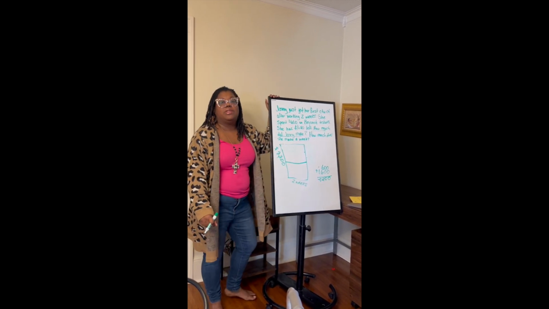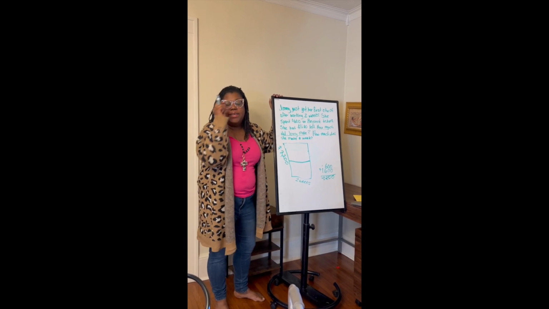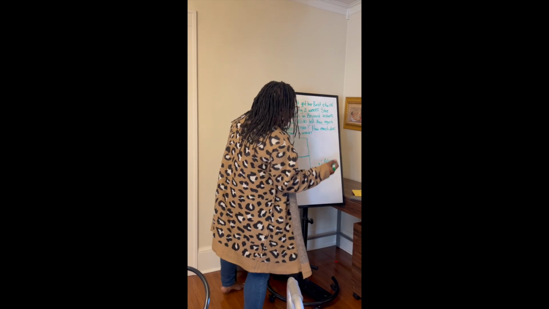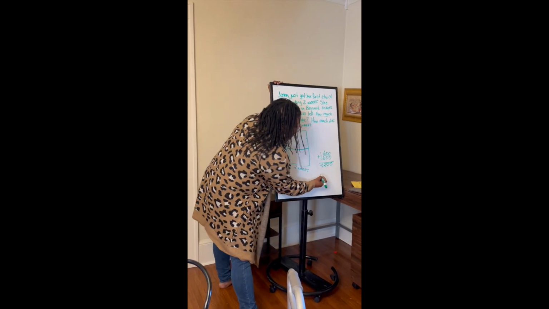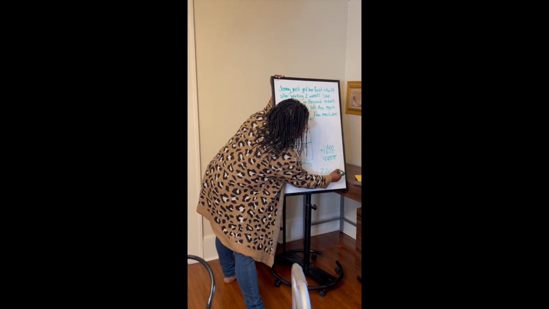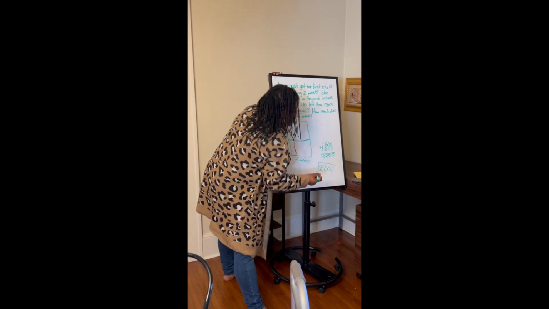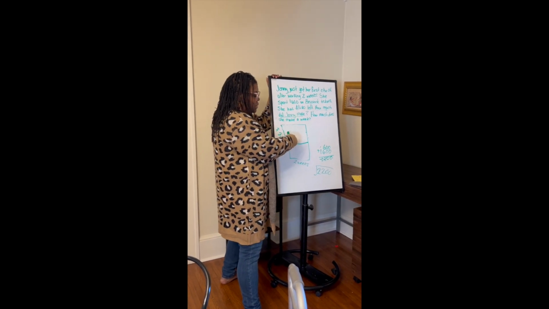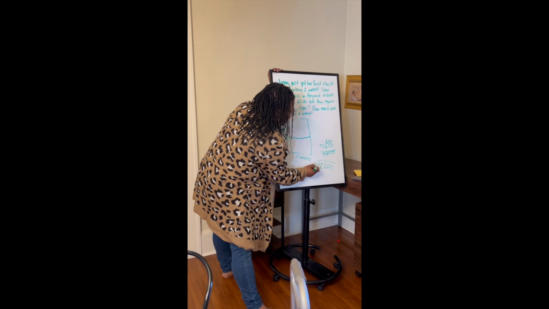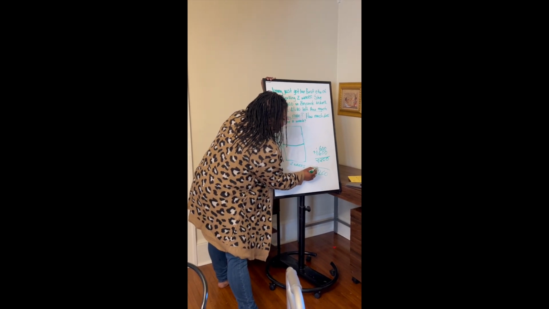So how could we do that with an operation? What operation will we use to cut it in half? Division. And so this is going to be a simple one because it's going to be 2,200 divided by how many weeks? 2 weeks. And 2 goes into 2 how many times?